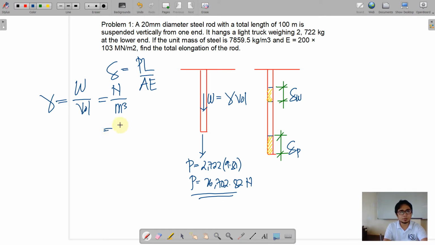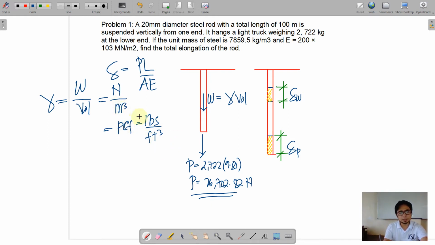In the English system, we have this to be pounds per cubic feet, PCF.